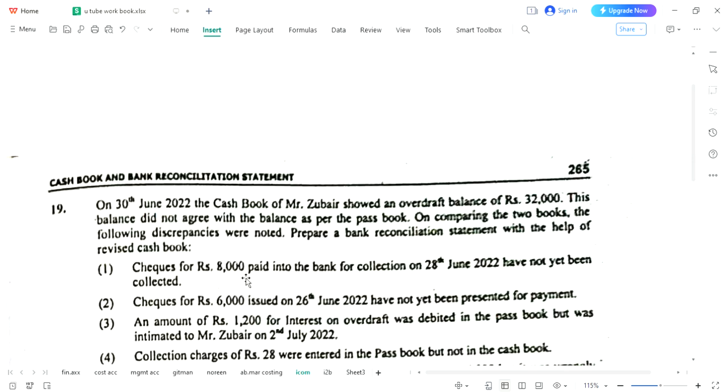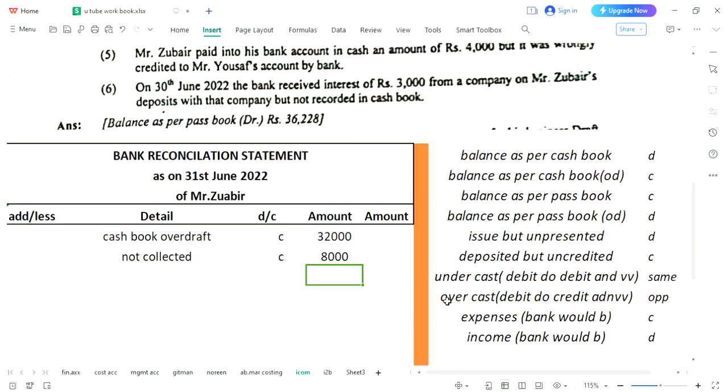Entry completed. Now the second entry, 6,000 issued. Please note, under issued checks we search for unpresented or not presented, and you can see that not yet been presented is clearly mentioned. It should be written on the debit side.